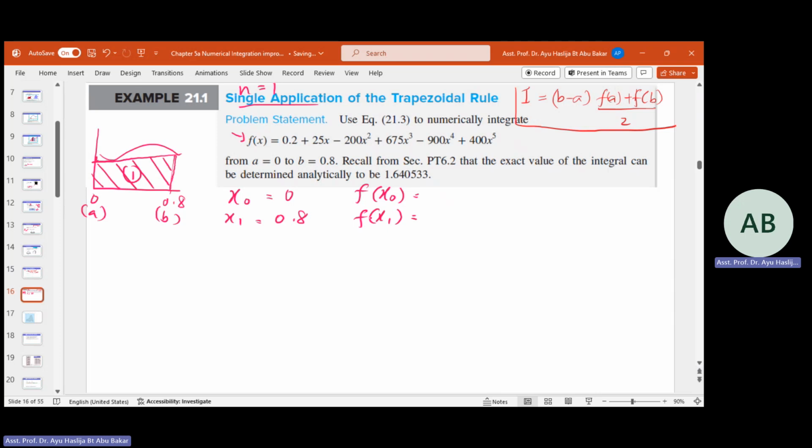Try to calculate what your f(x0) and f(x1) are using this function. f(x0) or f(a) is 0.2, and f(x1) is correct, 0.232.